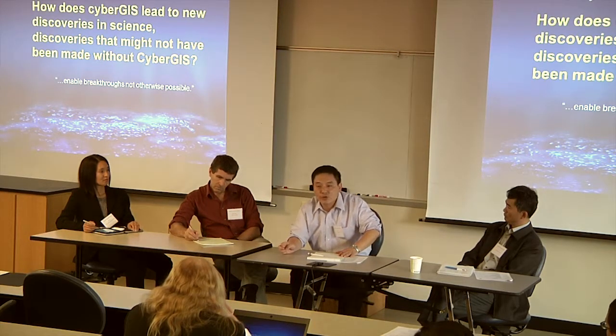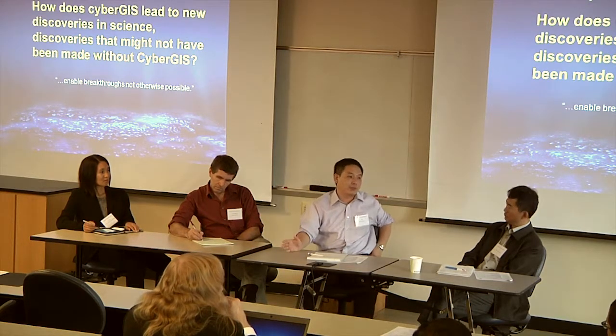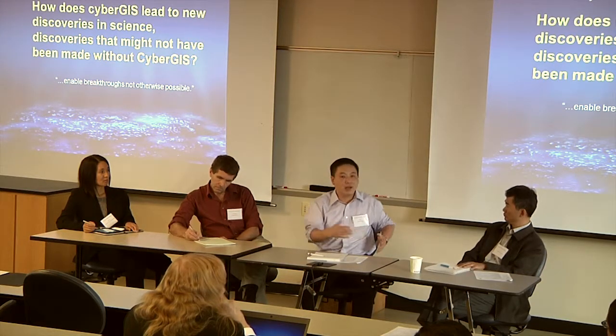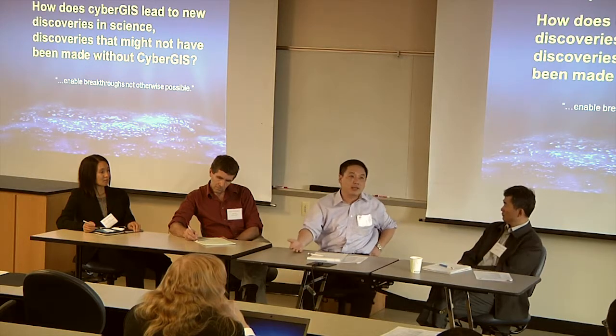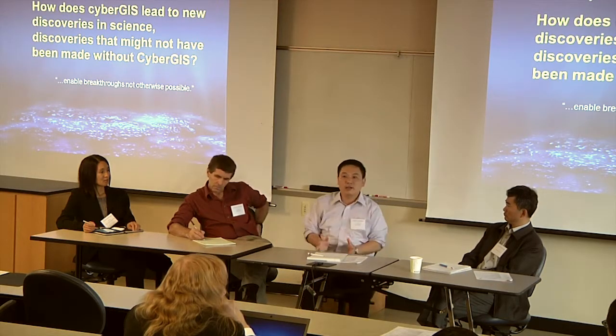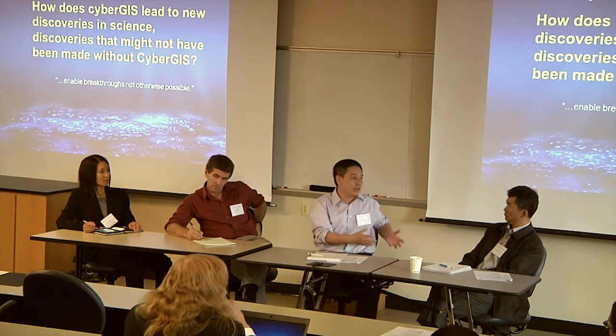So with CyberGIS, we can adopt an alternative approach to something that originally used another approach. Say all the things I presented yesterday, disease mapping or detecting association, there's a whole different, alternative approach in conventional statistics.